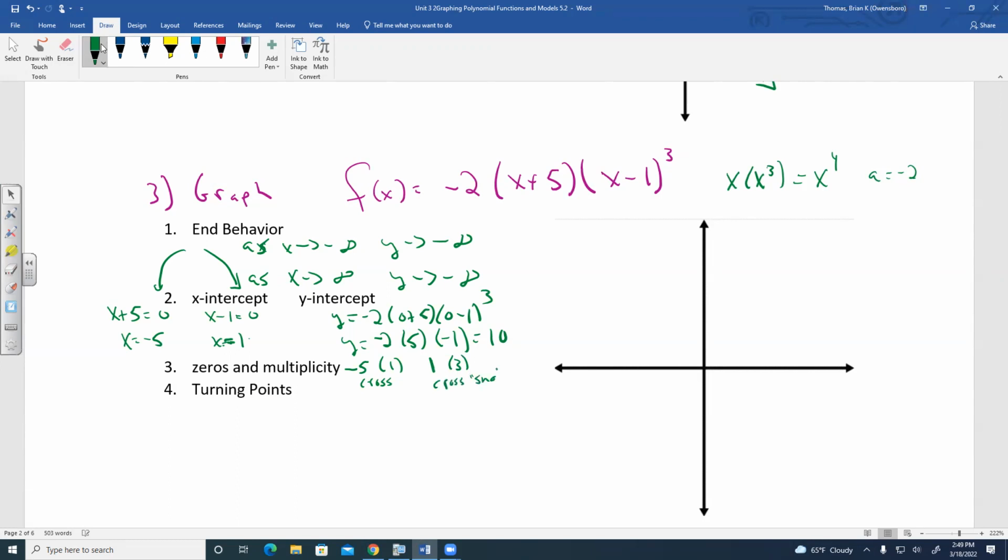It's going to kind of flatten out a little bit. The turning points: since the degree is 4, 4 minus 1 would be 3. So it's going to have 3 turning points at most. So 3 is the most turning points possible.